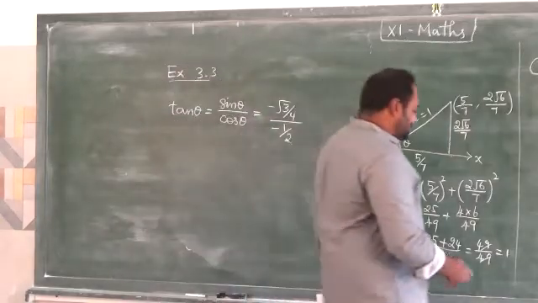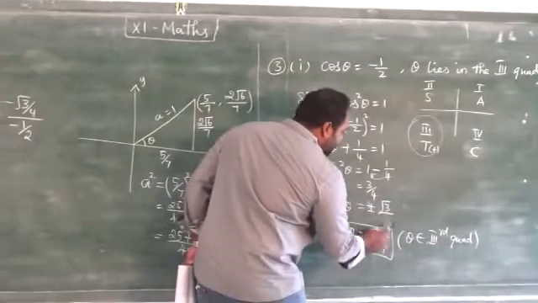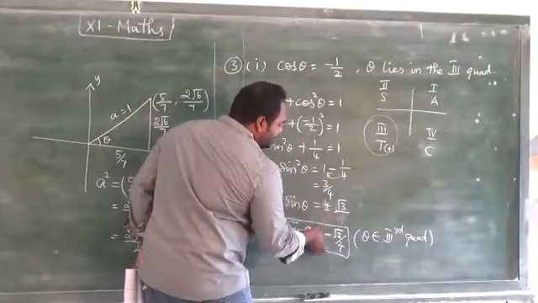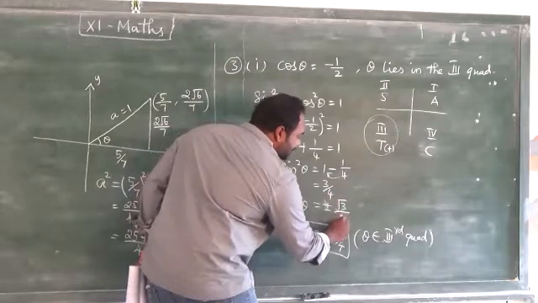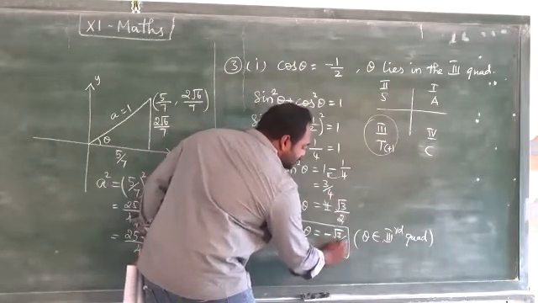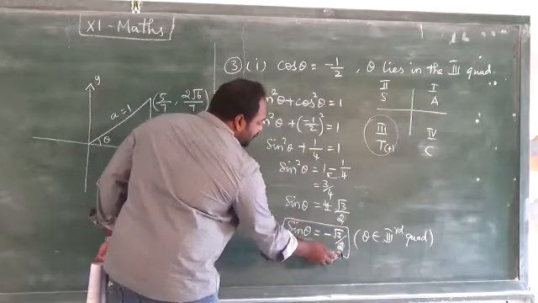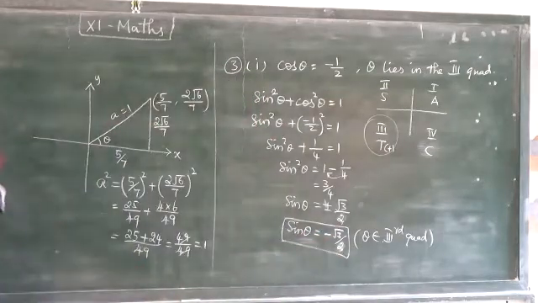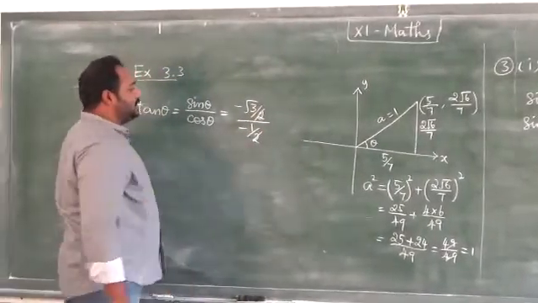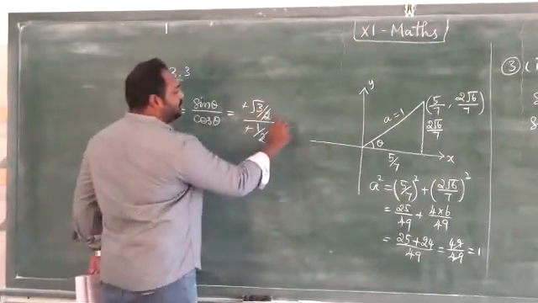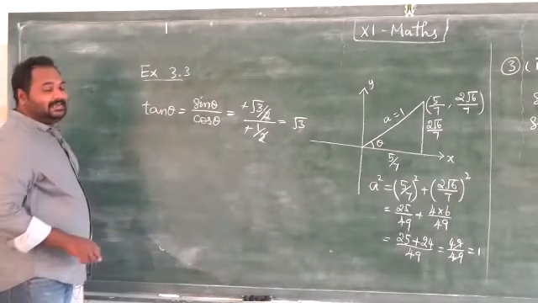Sorry, here I made a mistake. If you take square root for this 3 by 4, it is root 3, and root 4 value is 2. Change it here. Root 4 value is 2. So minus root 3 by 2. Automatically the minus will be cancelled. Root 3. So this is the value for tan theta.